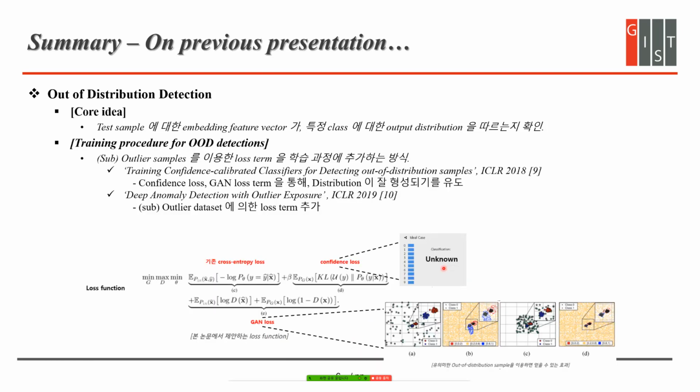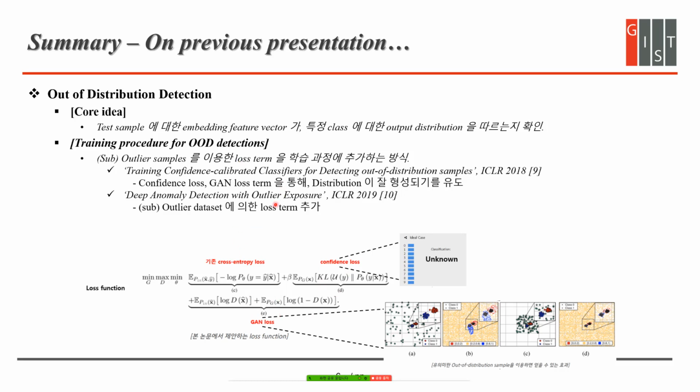The second one is the training procedure based approach. The loss function in the training procedure is the same as the previous one, but in this case they proposed an additional loss function to consider outliers.